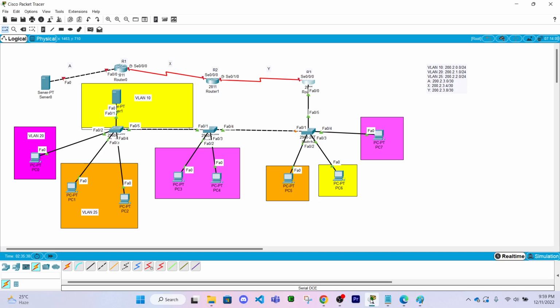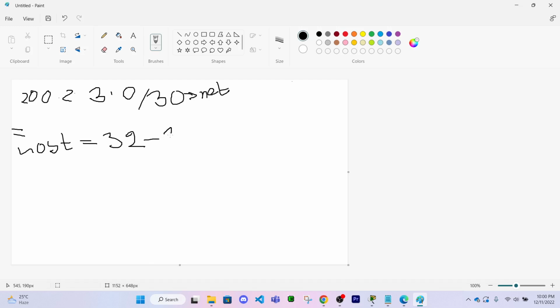200.2.3.0/30. This means it is the net bit, so the host bit is equal to 32 minus 30.